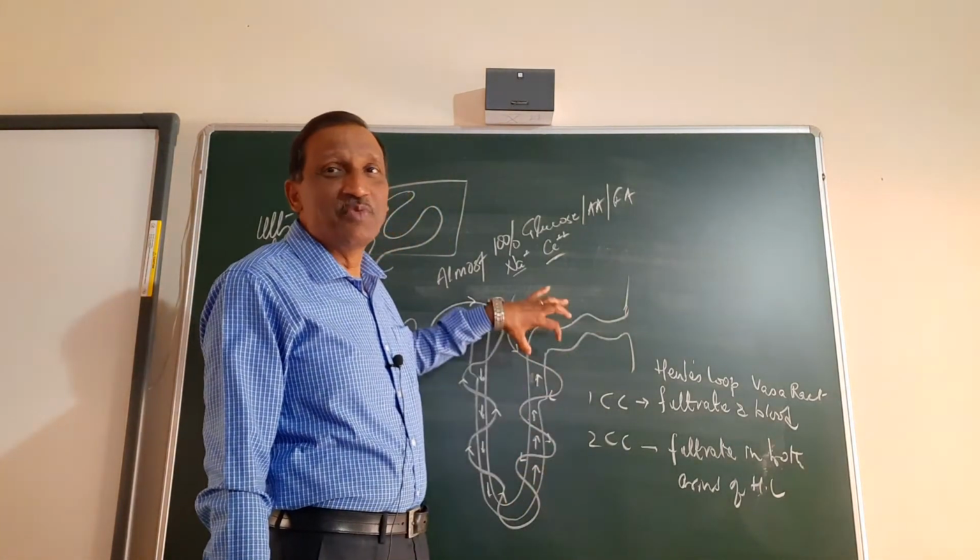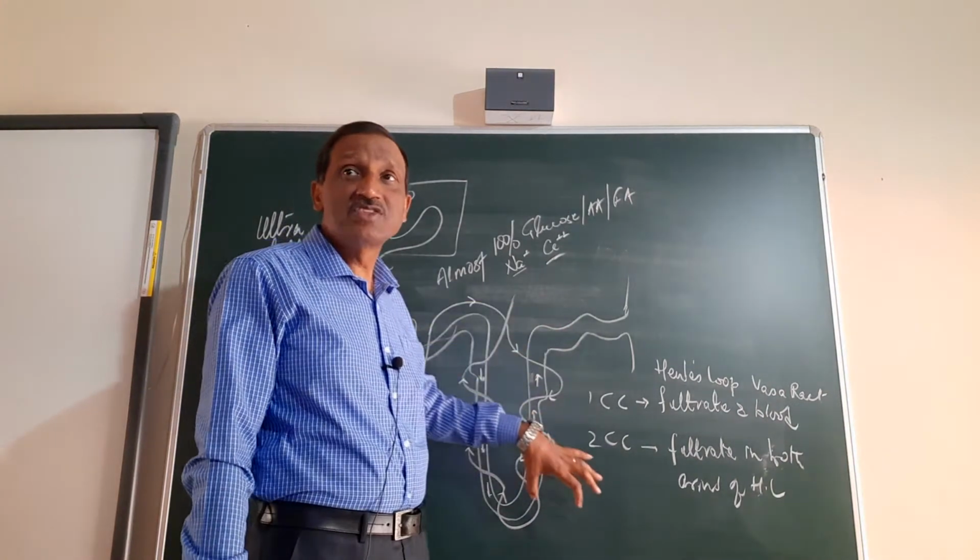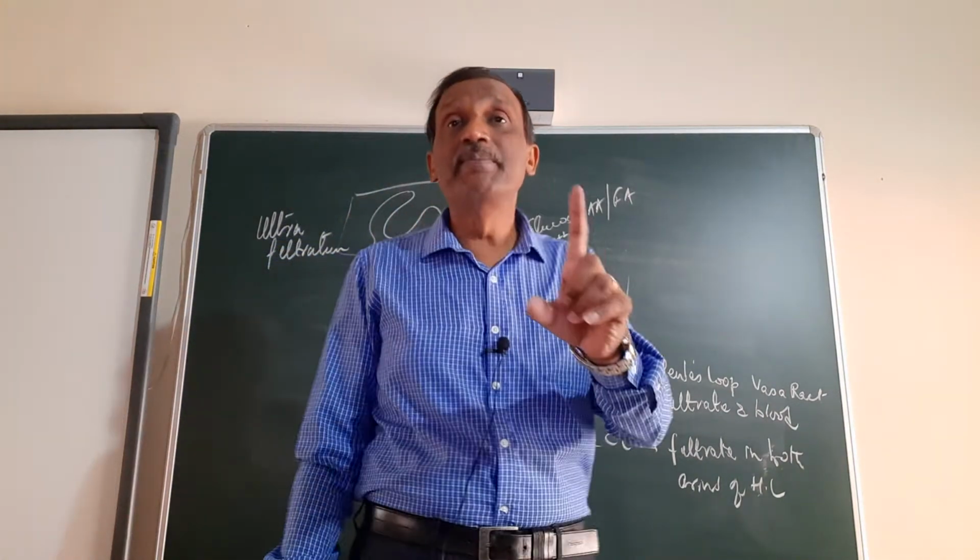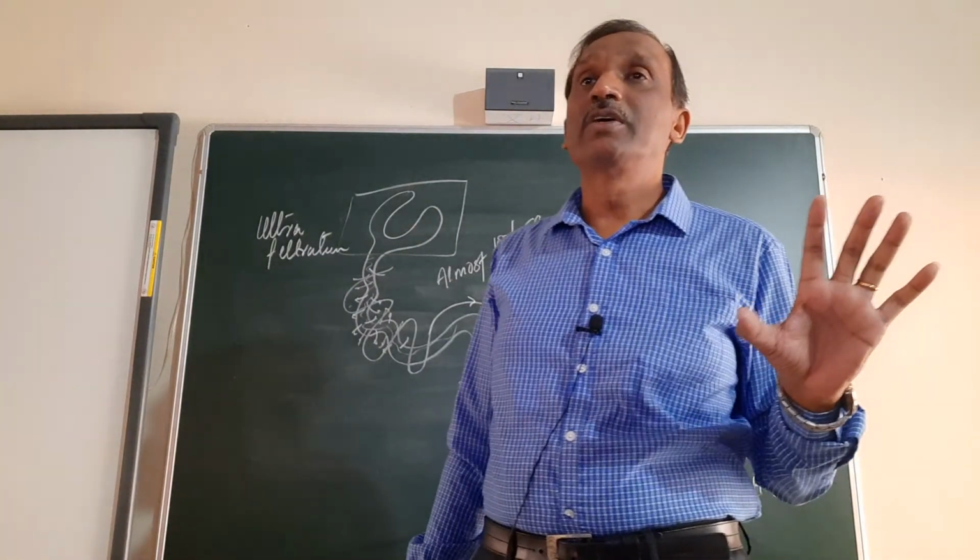The walls, or membranes, of the ascending arm are permeable for the minerals but not for water.